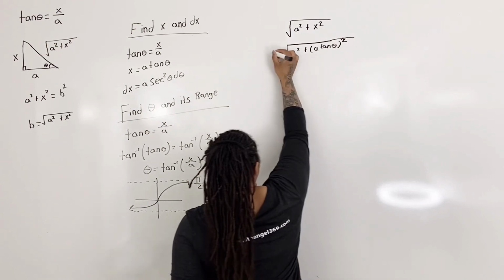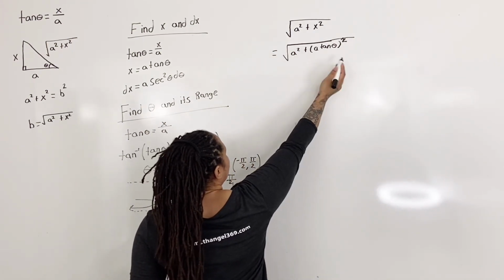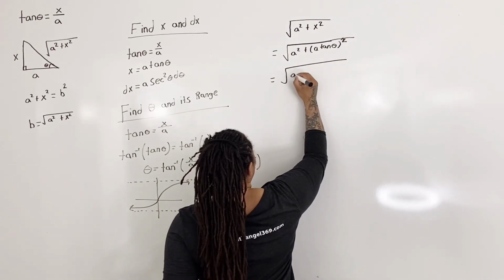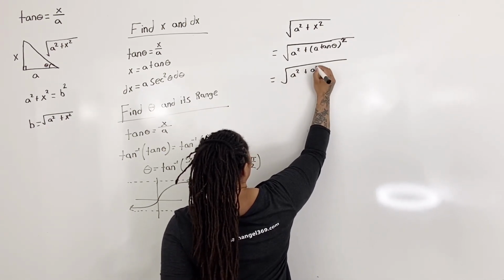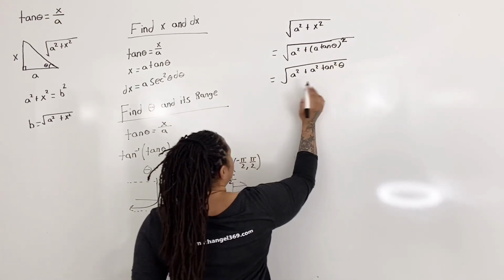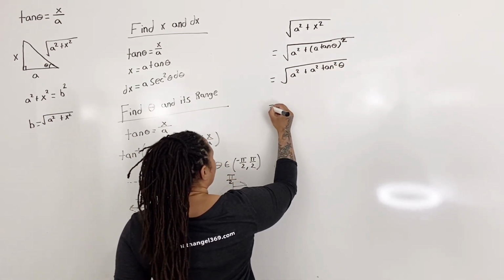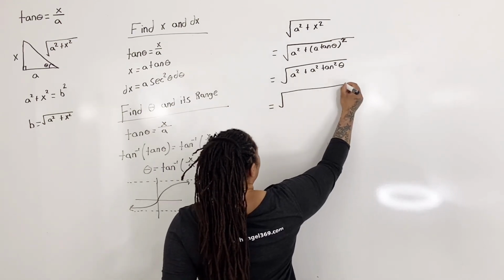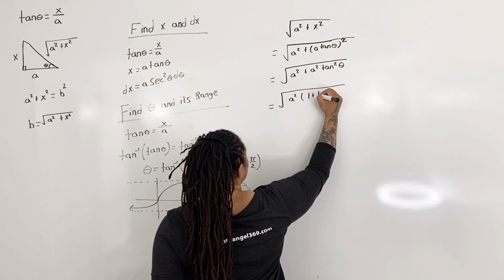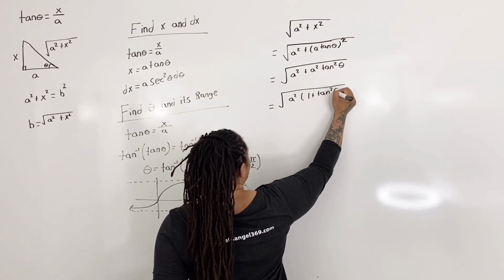And now I'm just going to rewrite this and say that this is equal to a squared plus a squared tan squared theta. And now I'm going to factor out an a squared, so this is equal to a squared times 1 plus tan squared theta.